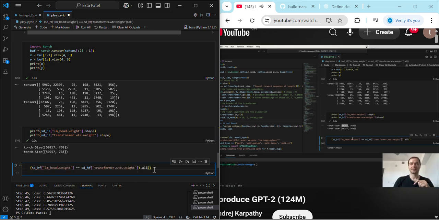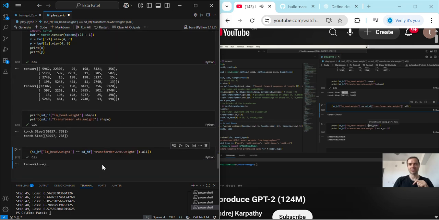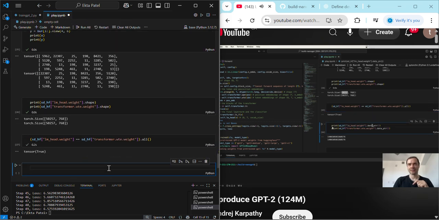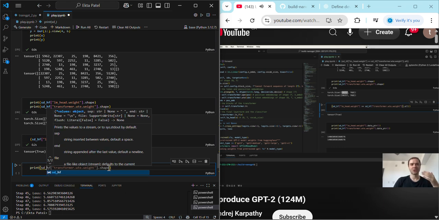And more than that, if we look at the data pointer, this is a way in PyTorch to get the actual pointer to the data and the storage, we see that the pointer is identical. So not only are these two separate tensors that happen to have the same shape and elements, they're actually pointing to the identical tensor.